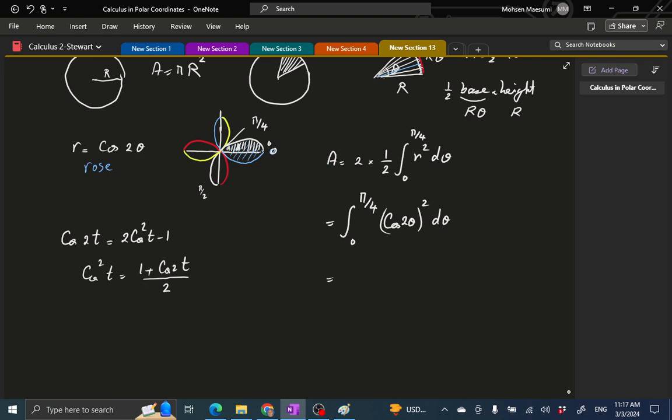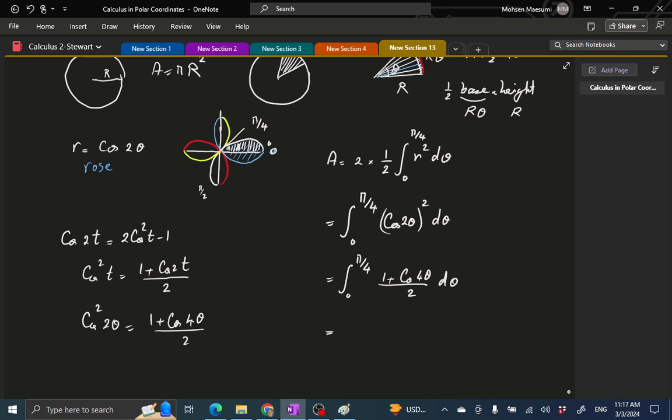So I can write here, from 0 to pi over 4, cosine squared of 2 theta will be 1 plus cosine of what now? Whatever this angle is, this is double of that. So this has to be 4 theta over 2. So I'll have 1 plus cosine of 4 theta, divided by 2.